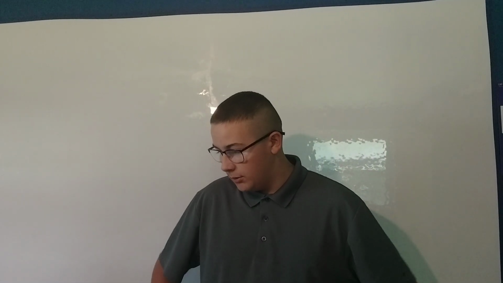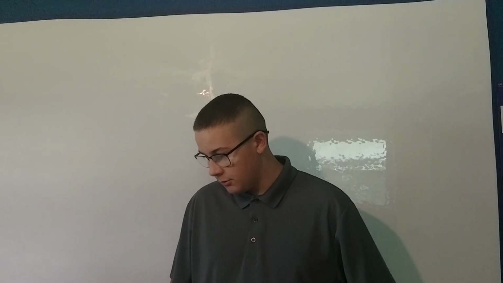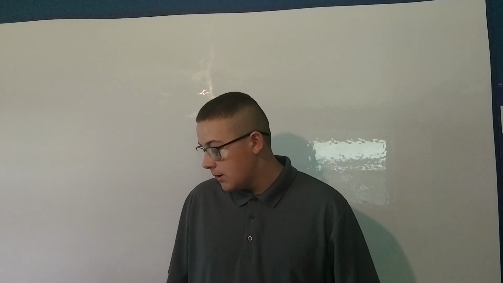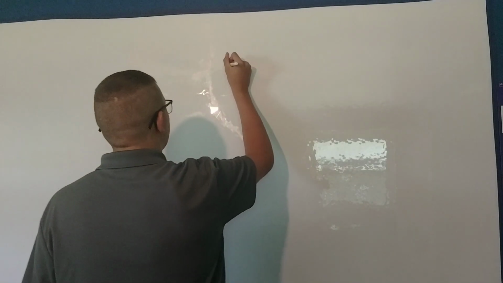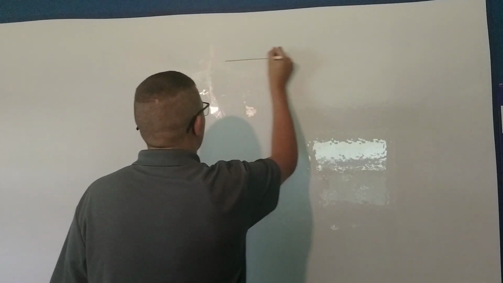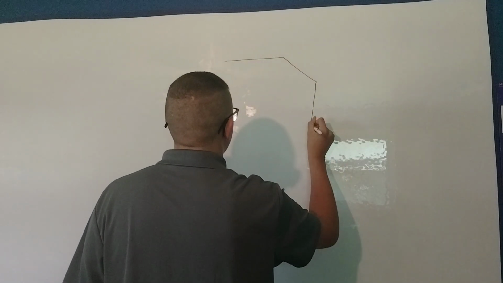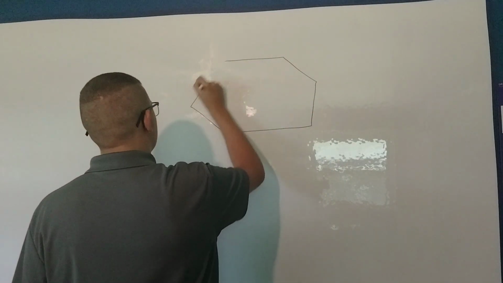But before we start with that, I want to talk about four vocab terms, right? The incircle, circumcircle, radius, and apothem of a regular polygon. All regular polygons will have these four things, so let me draw here just a hexagon.